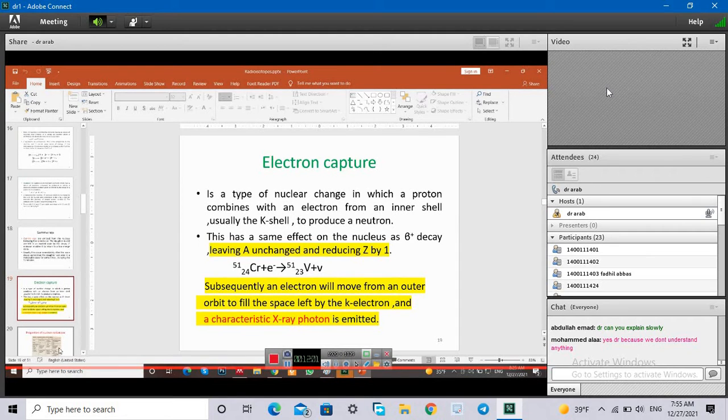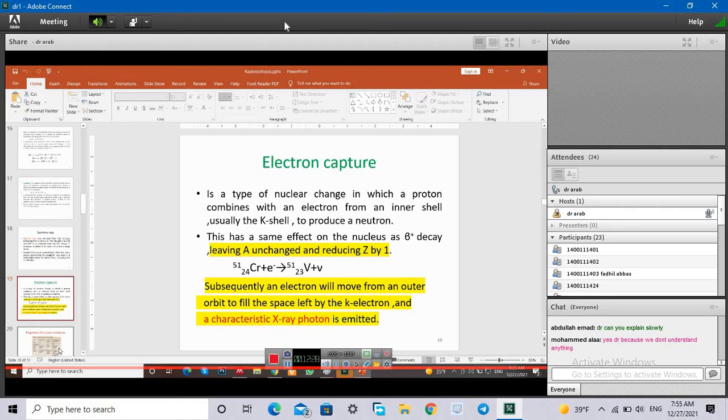In fact, in this reaction, as far as you remember, an electron from the inner layer is captured into the nucleus and combined with a proton, and the product of them is converted to a neutron. Due to losing an electron from the inner layer, subsequently an electron from the upper layer will move to fill the space left by the electron in the inner layer.